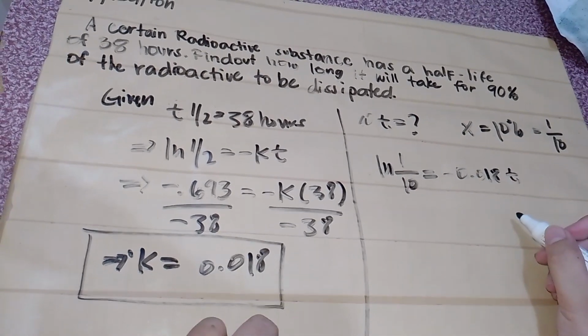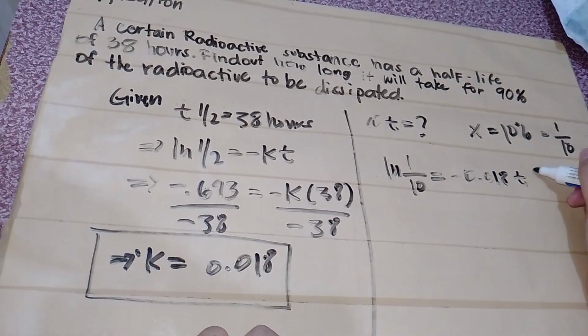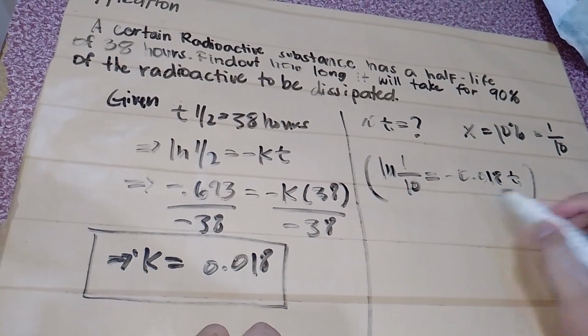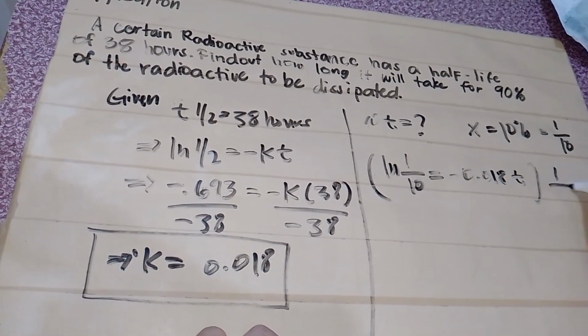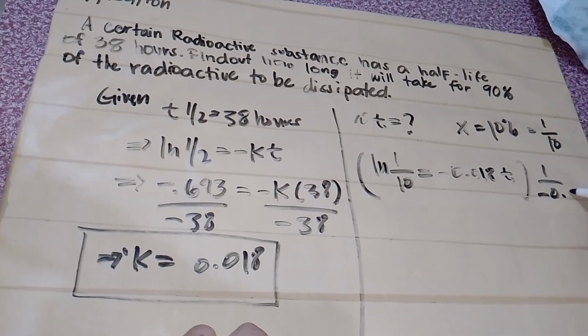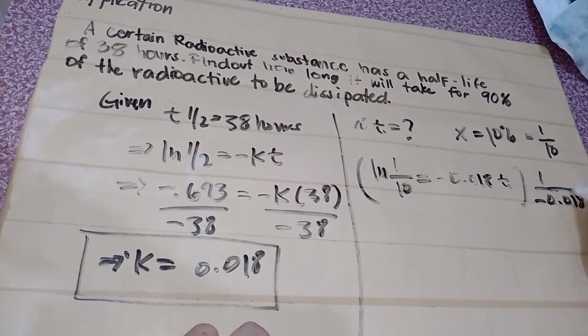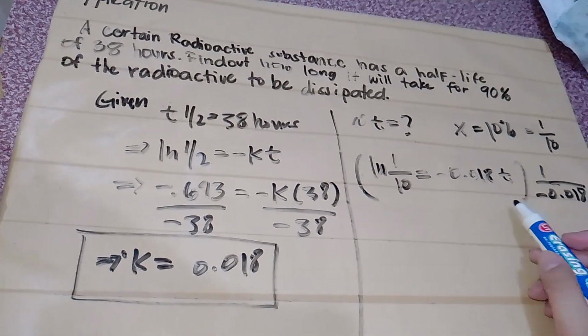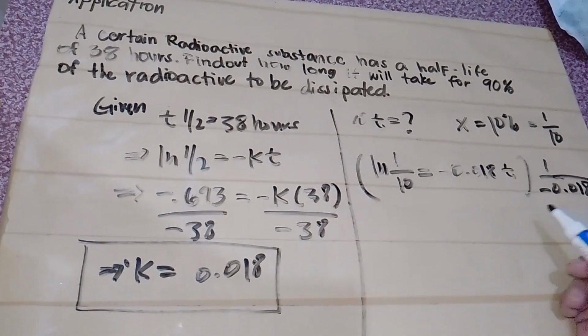Now we have to multiply both sides by 1 over negative 0.018 so that we can get our value of t.